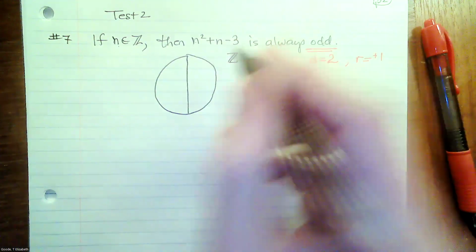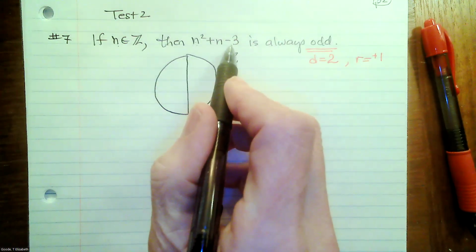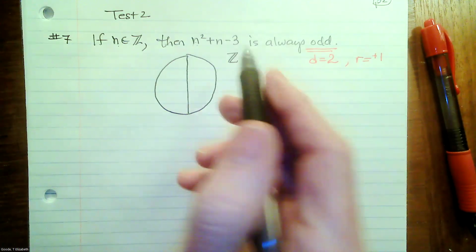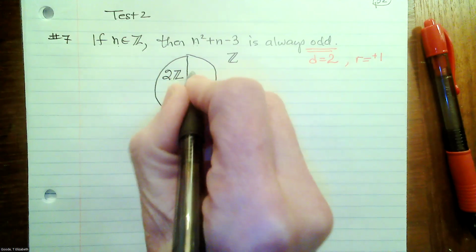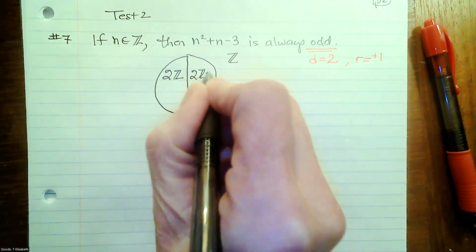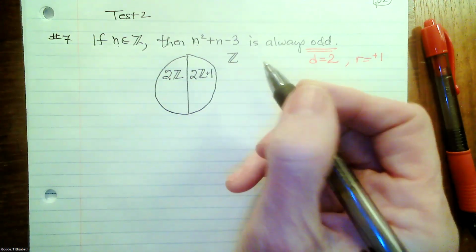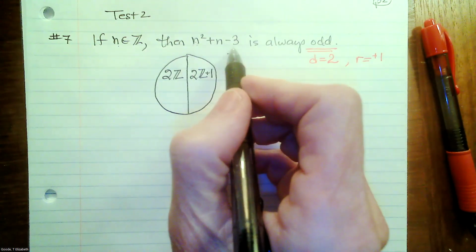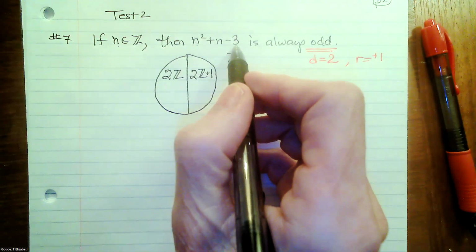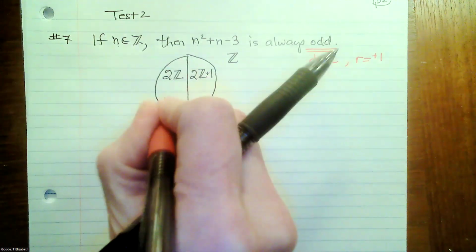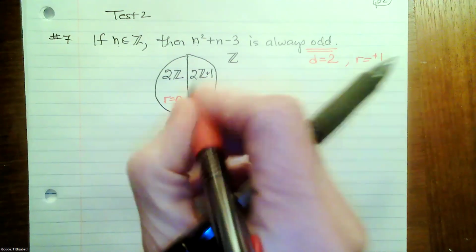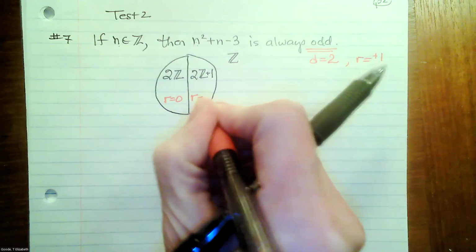So the fact of the matter is this expression, n squared plus n minus 3, is either going to live in 2Z or it's going to live in 2Z plus 1. The QR theorem says you can divide that expression by 2, one way or another, and you're guaranteed of getting either a remainder of 0 after you do that division, or you'll get a remainder of 1.